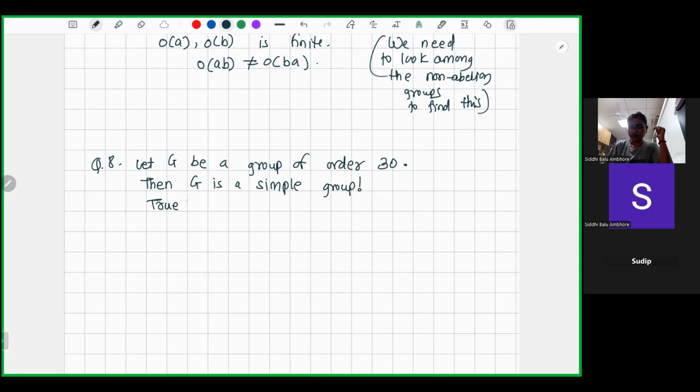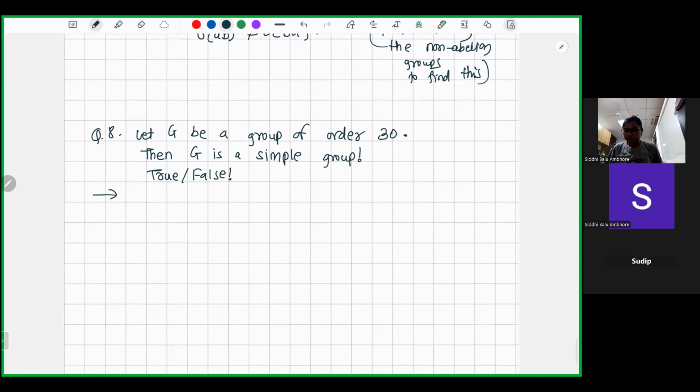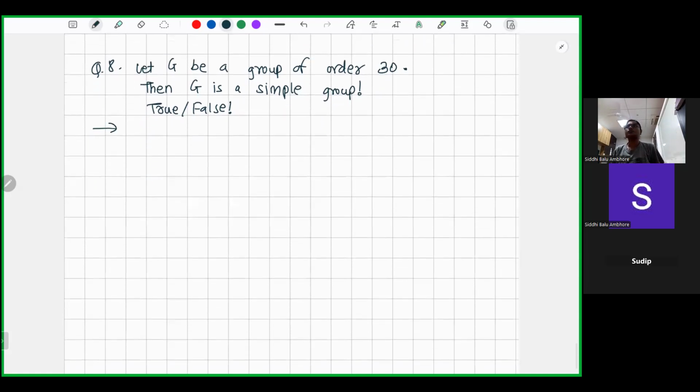This is true or false, which we need to check. And how do we go about this? We are given a group of order 30 and asked whether this group is always simple or not.